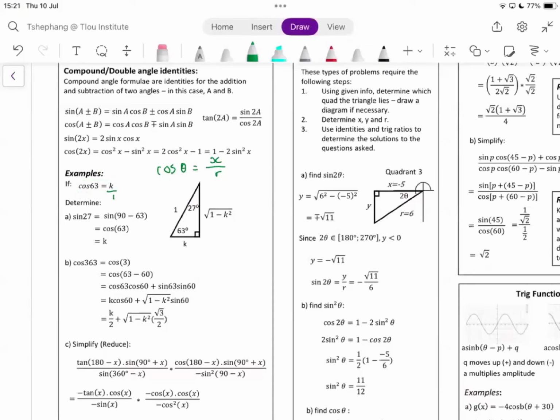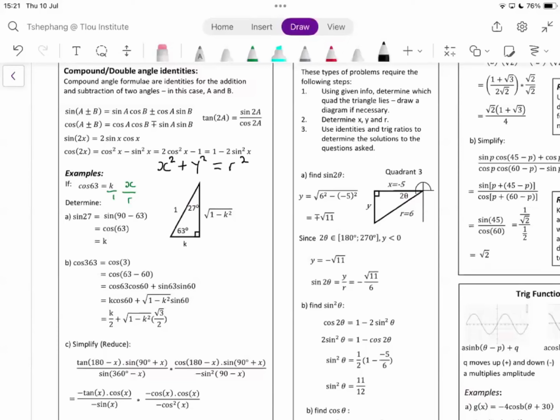Now, if that's the case, it means that we have the x and we have the r. Then you need to remember something. There's a guy who can help you with this, and that guy is theorem of Pythagoras, or just Pythagoras. Remember that for Pythag, the formula is just x squared plus y squared is equal to r squared.